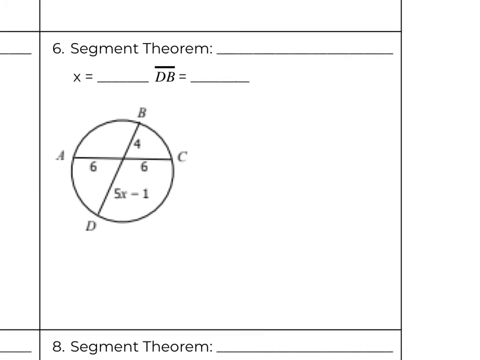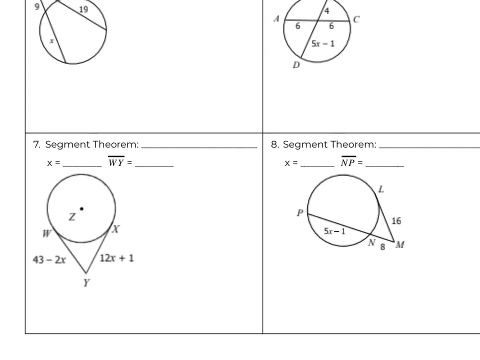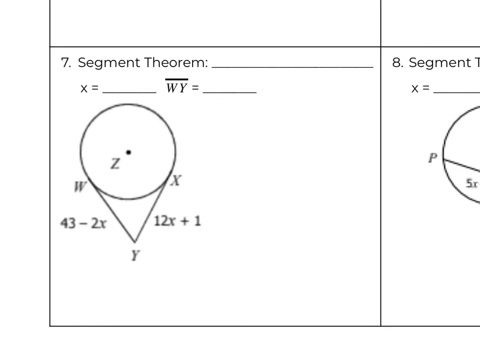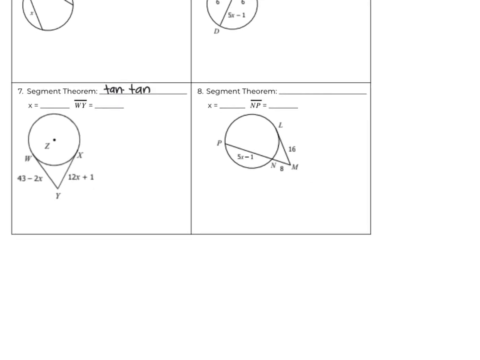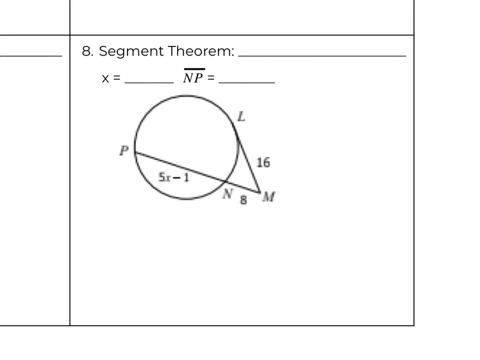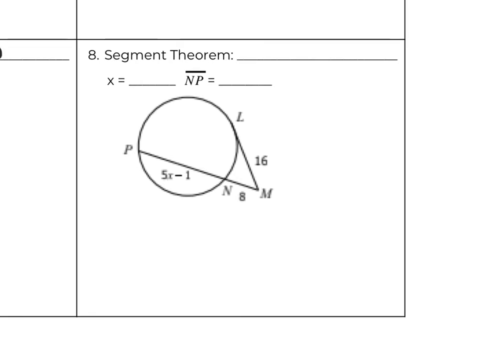Nolan, 6. Grace, 7. Good. Caden, did you get 8? What'd you get? Good.